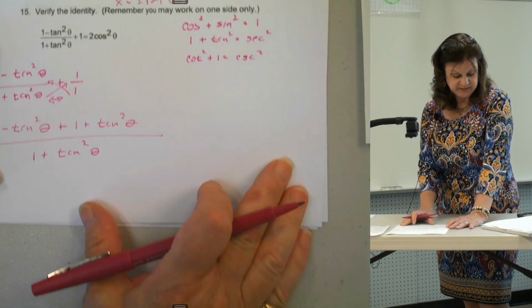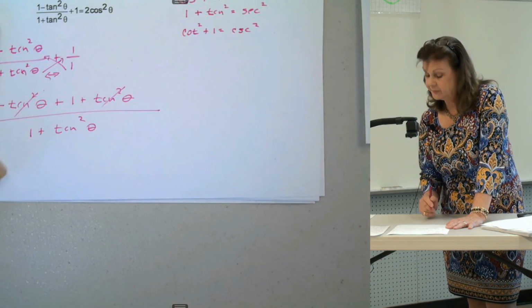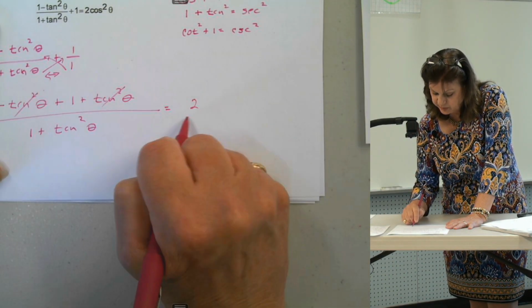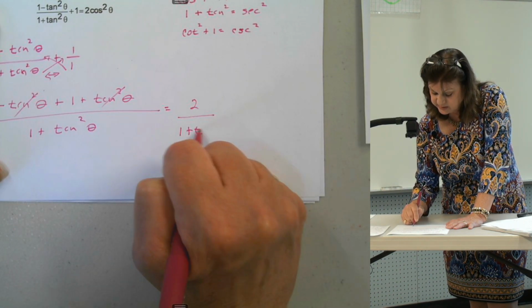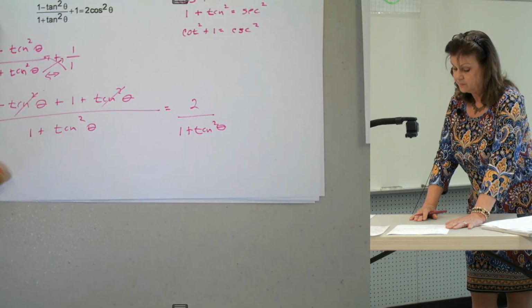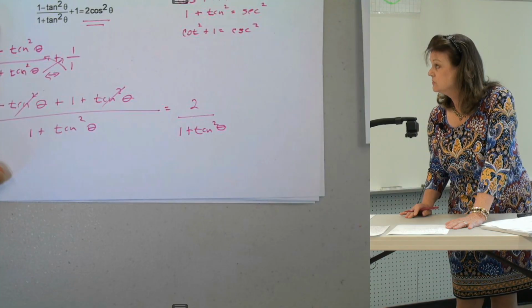Okay, what does that do for us? Well, clearly we can cross out the tan squares in the numerator. So now I've got 2 over 1 plus tan squared theta. Well, I'm looking for 2 cosine squared theta.